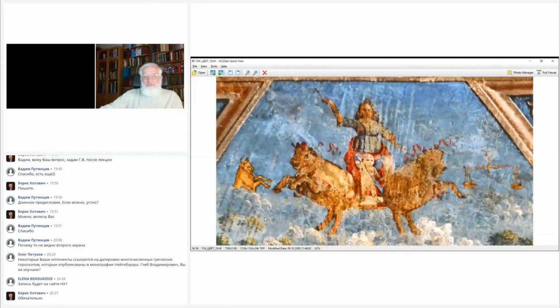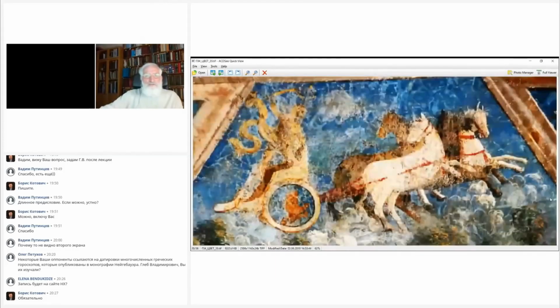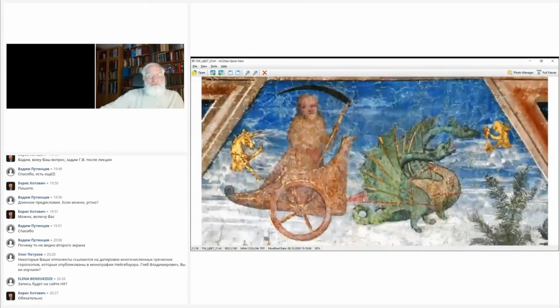Taurus. You see, Taurus and Libra are on the left and right. This is probably the Sun, Apollo. Below, I think, is Leo. This is Saturn. Here is Capricorn and Aquarius.